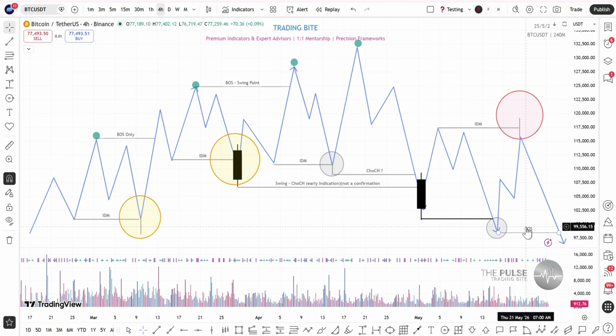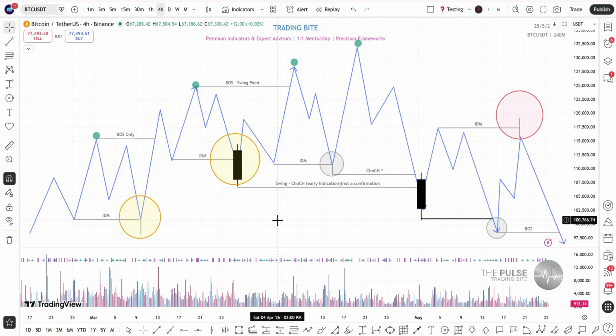Once the inducement is taken, it has to close below this level. Once it's closed and a confirmed break of structure is marked, then it's a confirmed reversal, or you can call it a confirmed indication for the reversal.